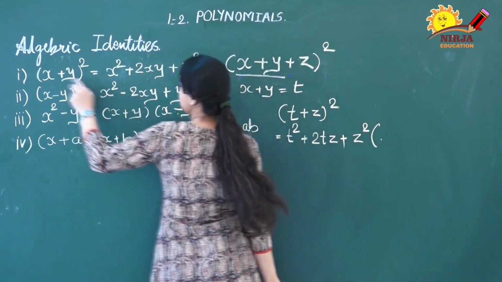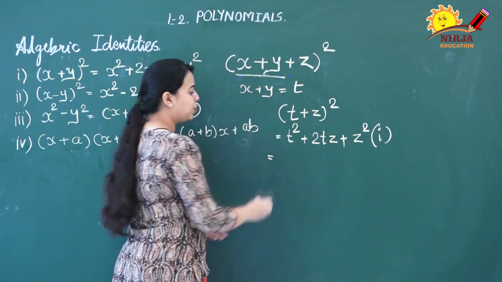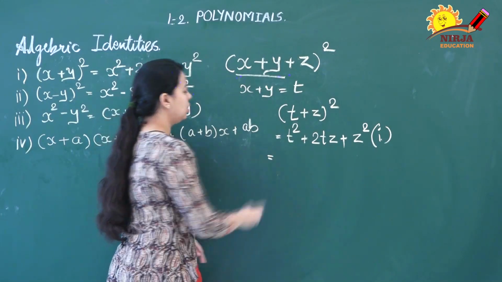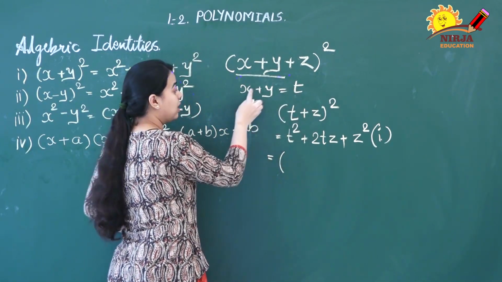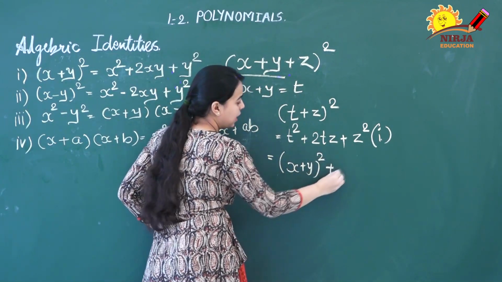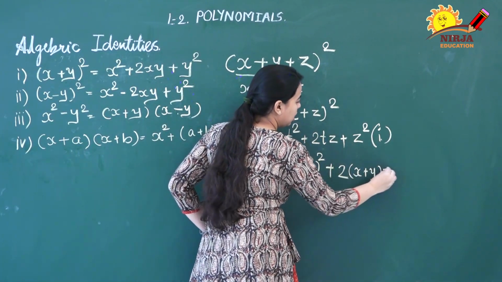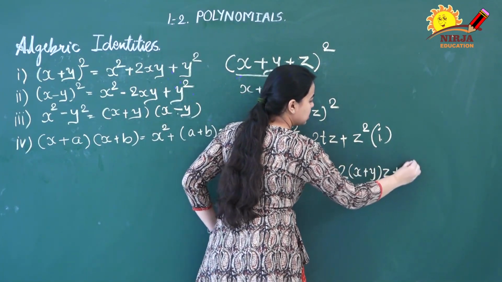By using this identity 1, you can write it over here. Now let's put the value of t back. The value of t is equal to x plus y. So (x plus y) whole square plus 2 into (x plus y) into z plus z square.